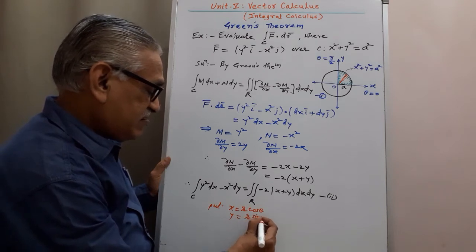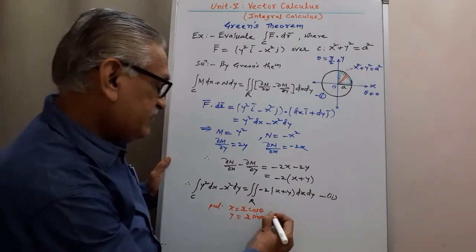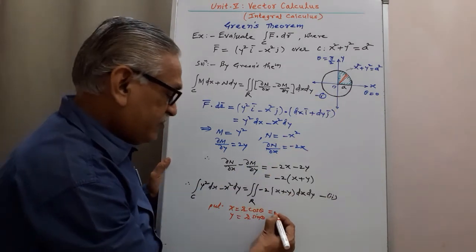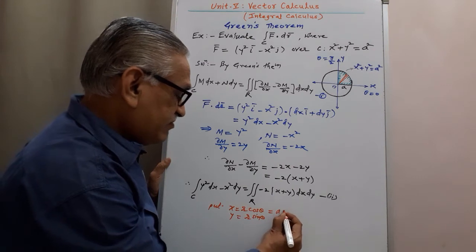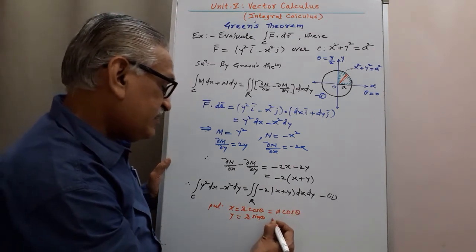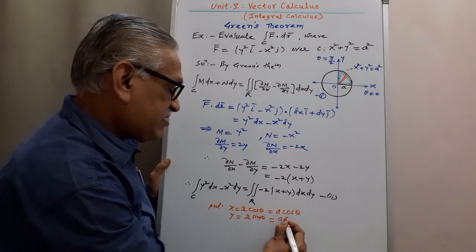Here r is a, therefore x is a cos theta and y is a sin theta.